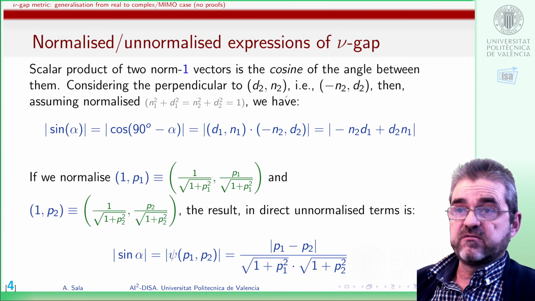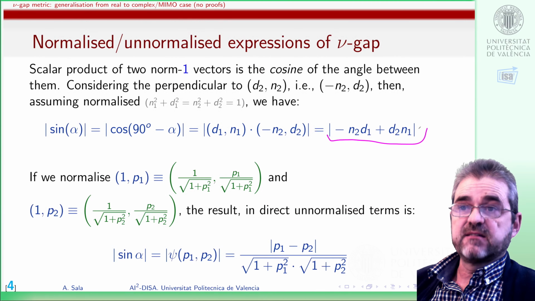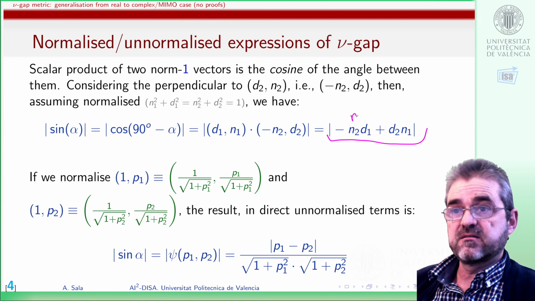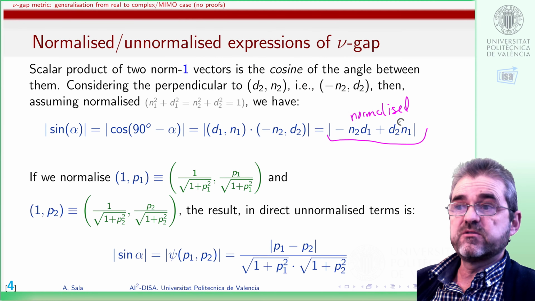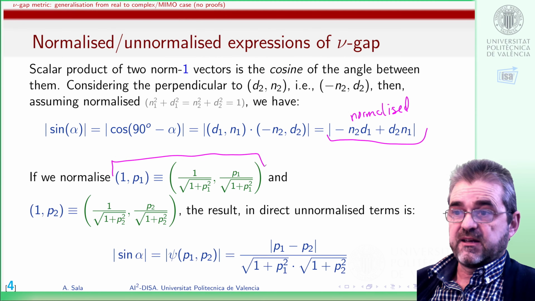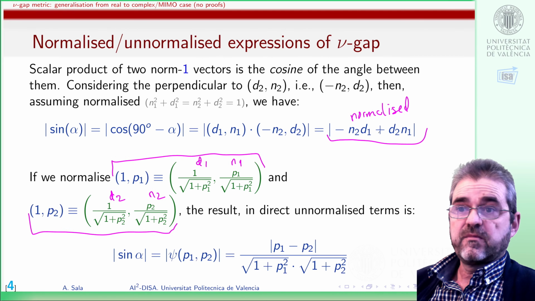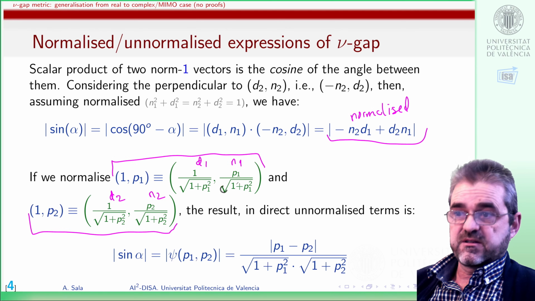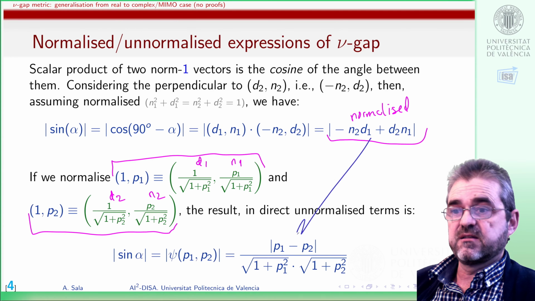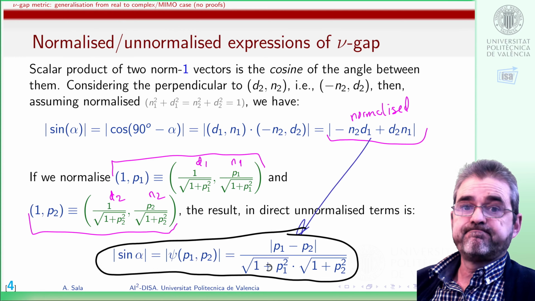We also had some formulae for the sine of that angle if I had the normalized description of P1 and P2, or well, as such normalized description is this thing. If I replace these descriptions in here, then I get this expression.